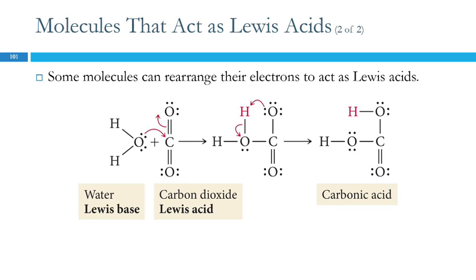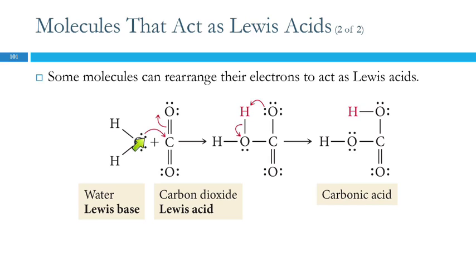Electrons moving around. So here we have carbon dioxide. Carbon dioxide is a Lewis acid. And here we have water. Water is a Lewis base. Well, carbon here has a complete octet. So why would it do this? Well, it can move its electrons around. So it can move a pair of electrons onto the oxygen. When it does that, the oxygen still has an octet, and now the carbon only has 6.